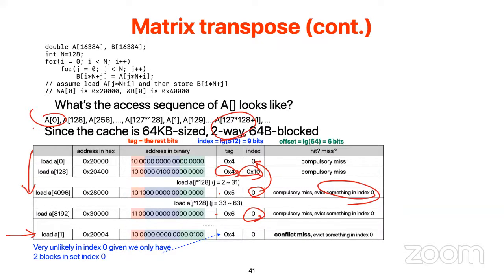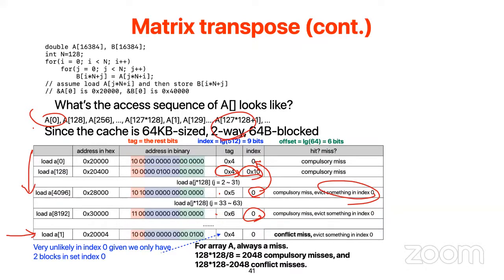So this is a conflict miss because you have been evicted in the past. And again, when you are accessing A1, you have to kick out somebody else to accommodate your block. So you can imagine that whenever you access A, it's always going to be a miss, and except for the first element within a block, everyone else is going to be a conflict miss.